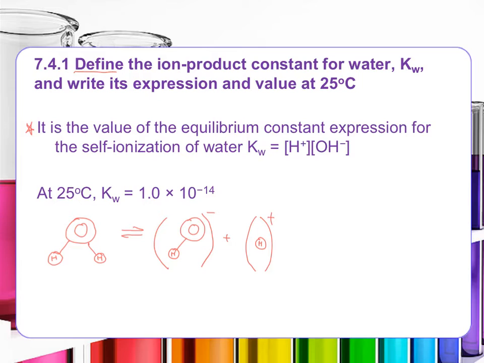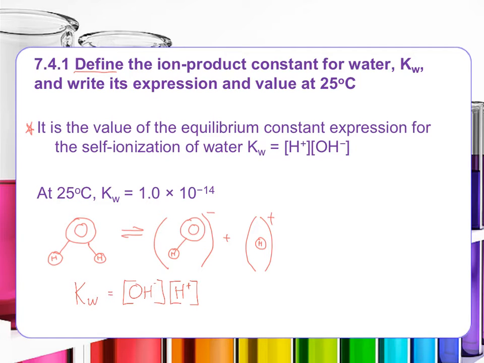And what we're looking at is the relationship between the concentrations of the OH minus and the concentration of the H plus. So how do we write that? How do we look at it? Well, we're looking at what is the value of the concentration of the OH minus, and we multiply the concentration of the OH minus with the concentration of the H plus.